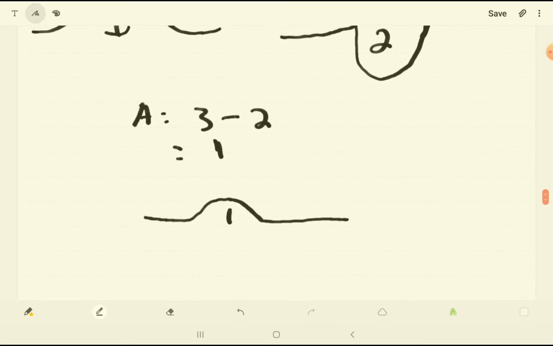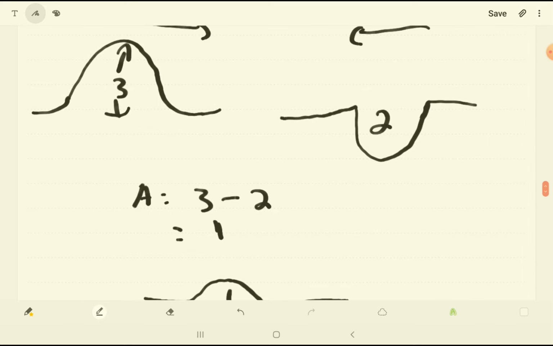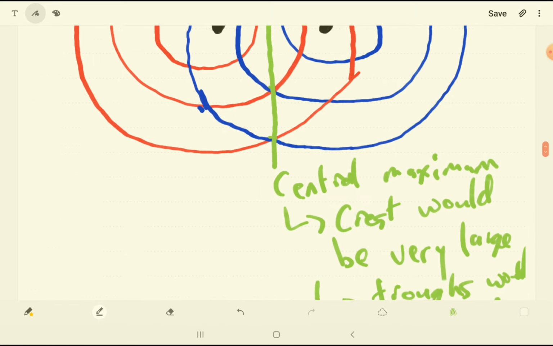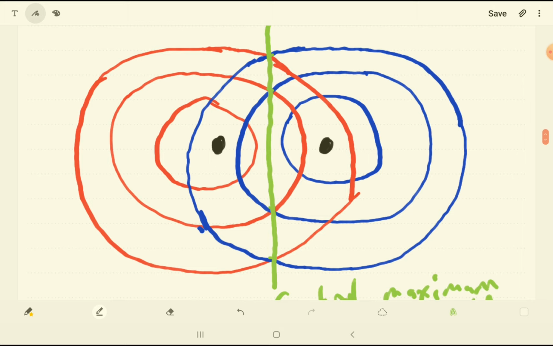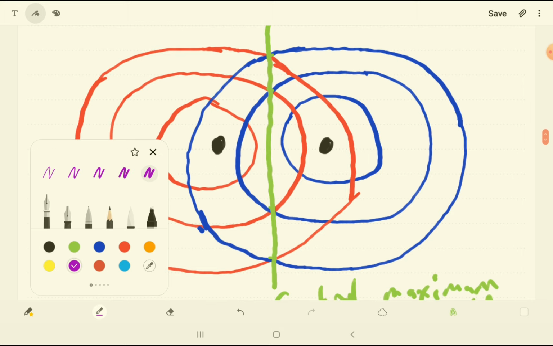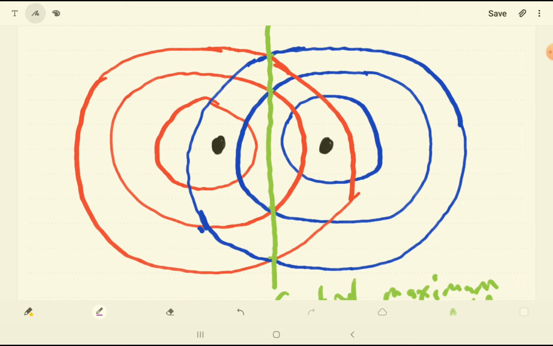if I were to go back to the original diagram here, the other version, where would I expect to see destructive interference? Because there is both destructive and constructive interference often when we have cases of 2-point sources. Well, let's say I go a little bit off. Let's say I go here.